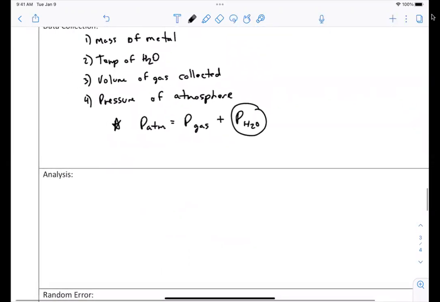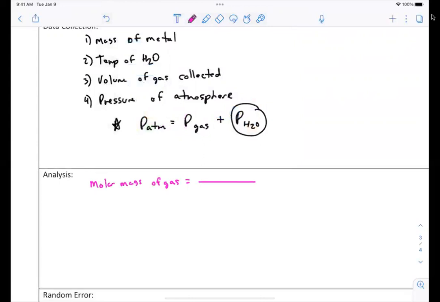Okay. Now, for analysis, remember, you want the molar mass of the gas, which is equal to the mass of the gas divided by the moles of the gas that you produced. So we need these two values to be able to solve this.